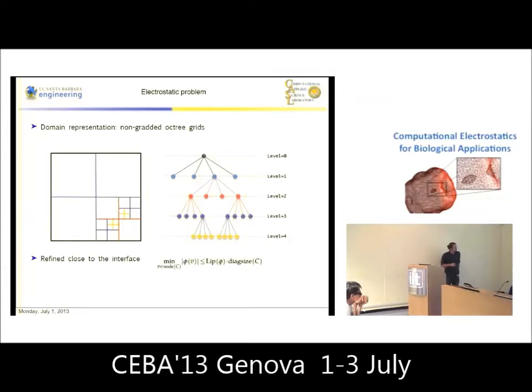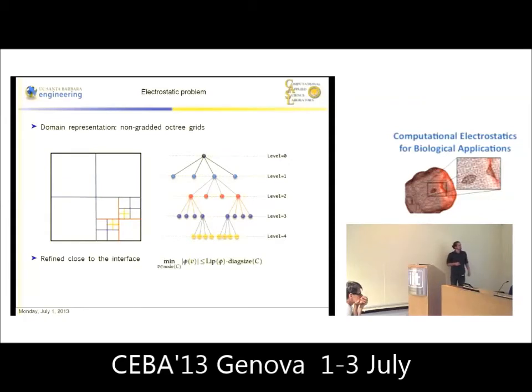And one thing that is actually pretty nice about this work is that our trees are non-graded, meaning that the difference in the size between two adjacent cells can be pretty much anything, because in a lot of work, people use graded octrees, meaning that the aspect ratio between two adjacent cells has to be less than 2.